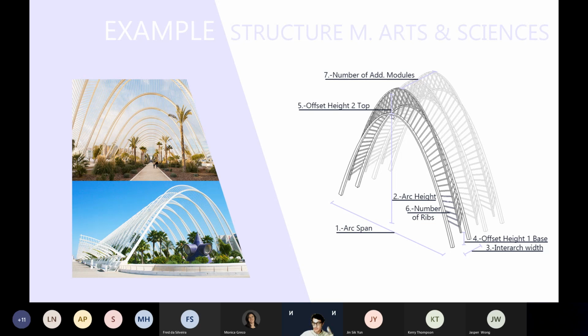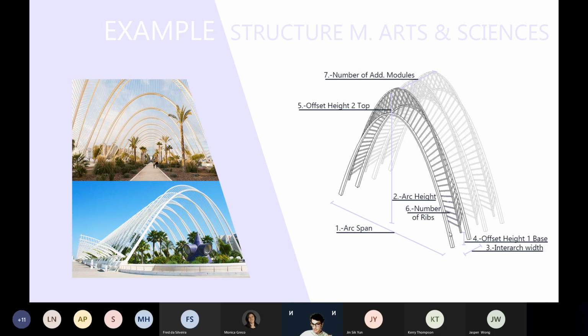These are going to be the parameters and the constraints that define our parametric model. We also interact with the offset height. As you can see, this middle arc is a little bit higher than the ground, so we're going to set a variable for that.